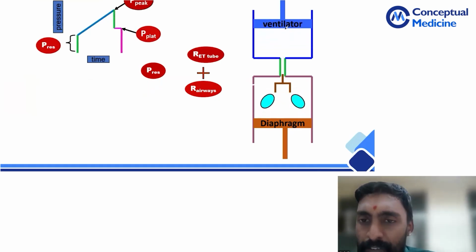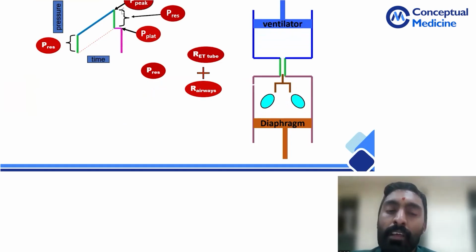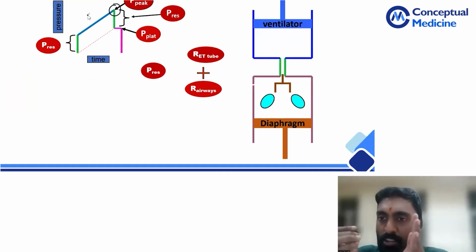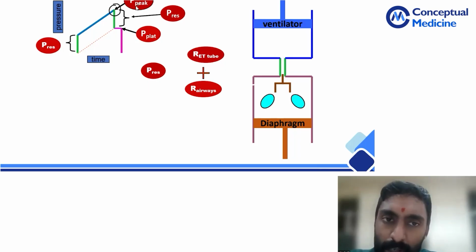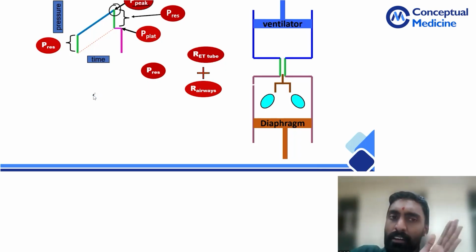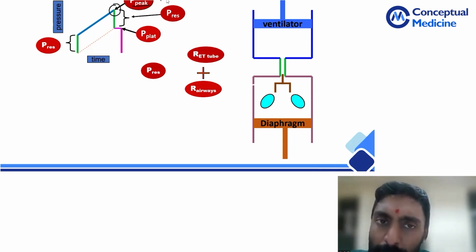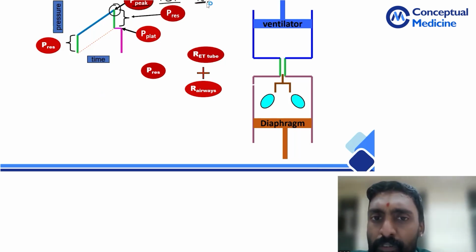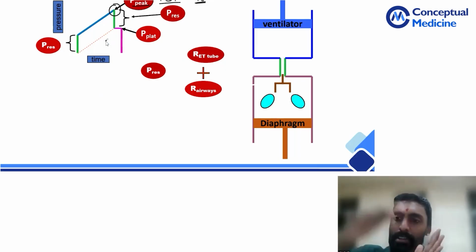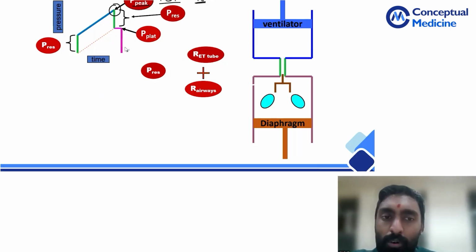At one point, if I say I will stop ventilating, the maximum pressure that the ventilator circuit goes up to is what is called the peak pressure. That is, your entire alveoli is distended. So that is what is called your peak pressure. The normal cutoff we say is that peak pressure should be less than 40. Once it reaches its maximum, it will go into expiration.